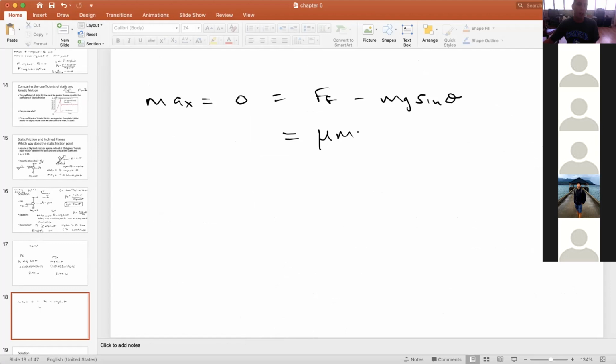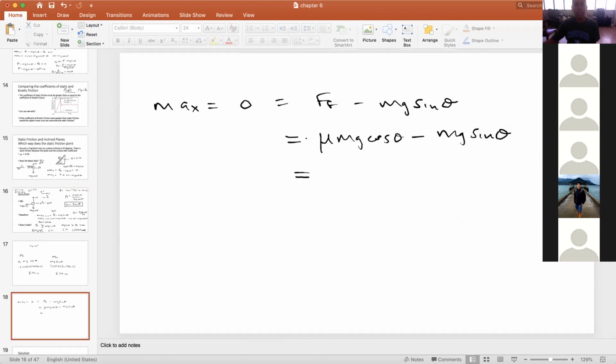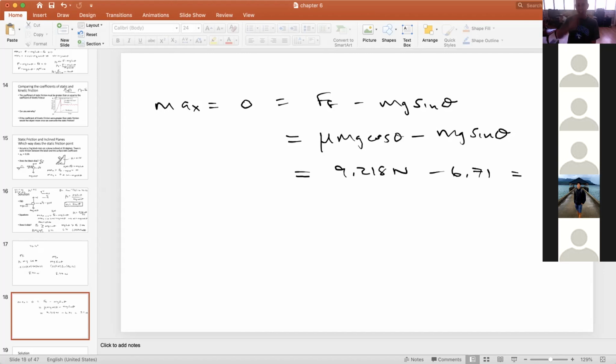This becomes mu mg cos theta minus mg sine. And when we did it here, we got 9.218 newtons and 6.71 newtons. So m a_x would be 2.5-ish, meaning it would go up the incline. That doesn't happen.